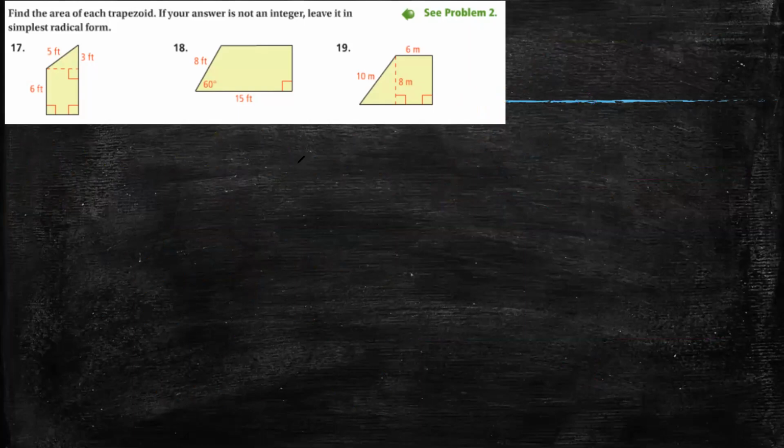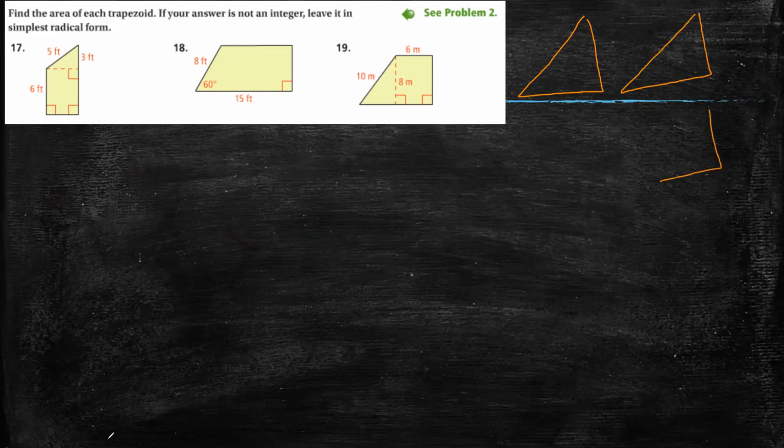Now, all of us know the Pythagorean theorem. In the most common triangles, it was 3, 4, 5, 6, 8, 10, and 5, 12, 13.